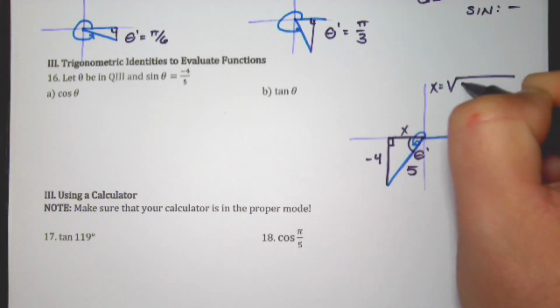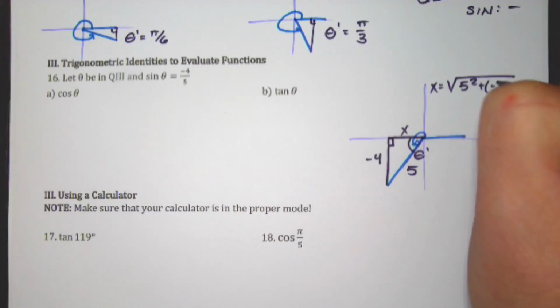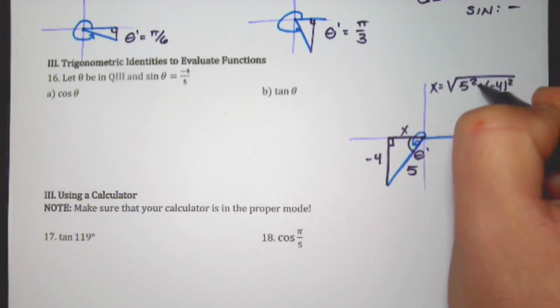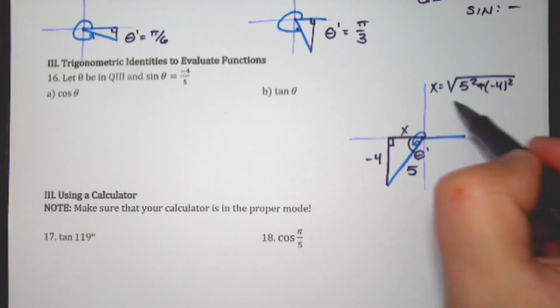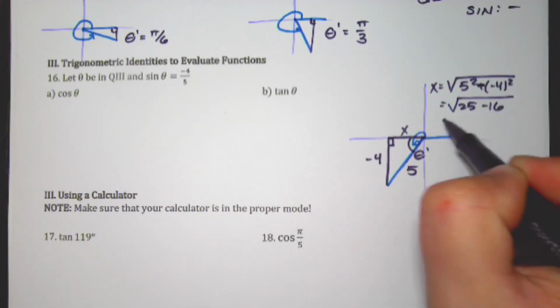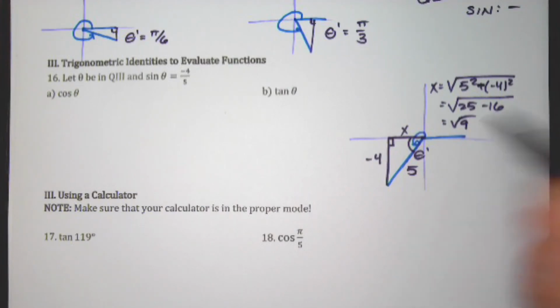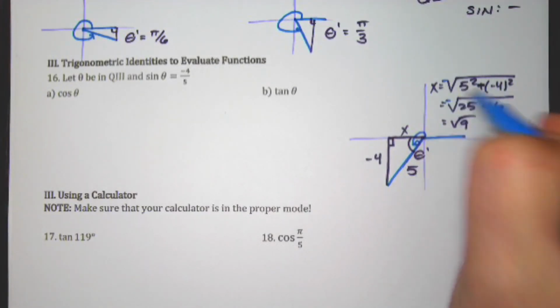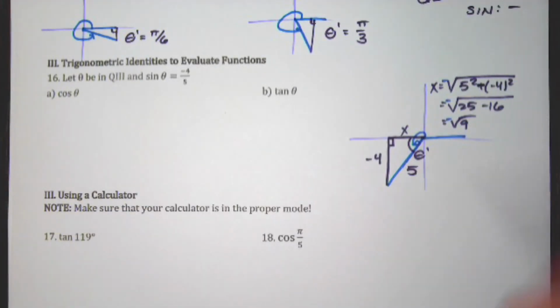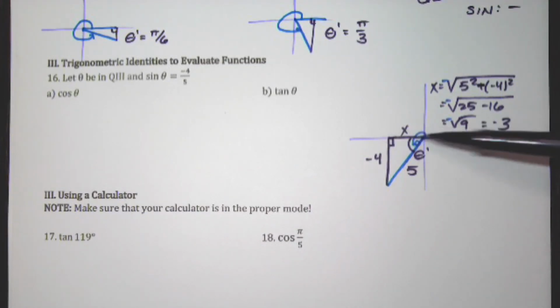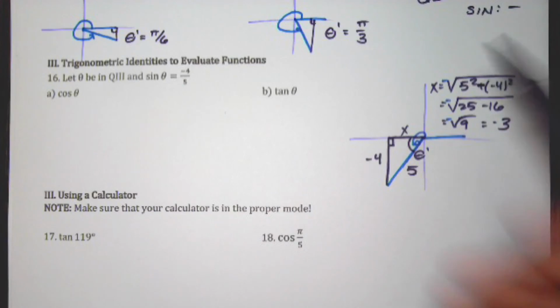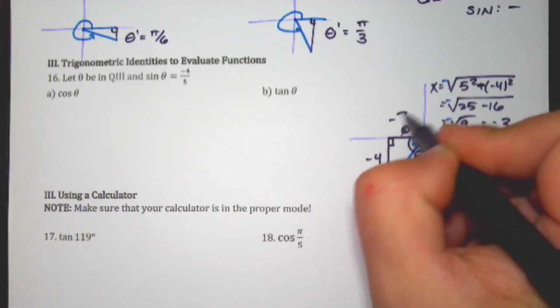It's 5 squared minus negative 4 squared. So we have 25 minus 16. We end up with the square root of 9. And there's one detail I missed. See if you see it. We have to have that negative 3. Why negative? Because we know that that cosine or that x value here is going to be negative 3.